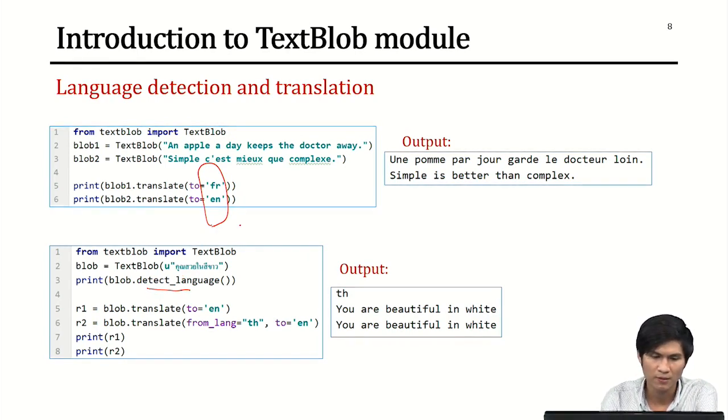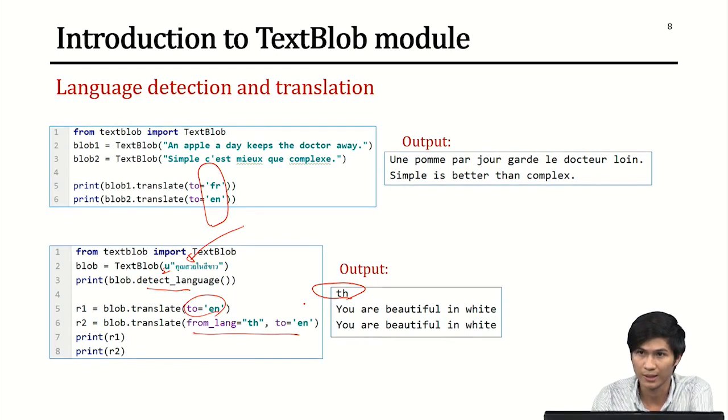The given text here is written in Thai, and because it is Unicode, we need to specify the letter u in front of the string. The output returns the short form of this language, which is represented as the letters th. Within the translate function, there are two possible parameters that we can provide. We can provide just the target language, or we can provide both from the source language to the target language. So it gives you the same result.